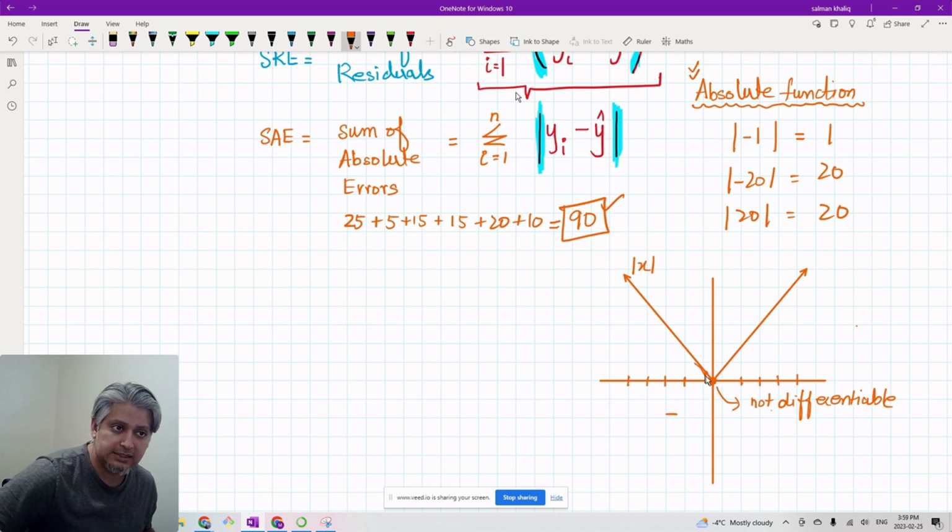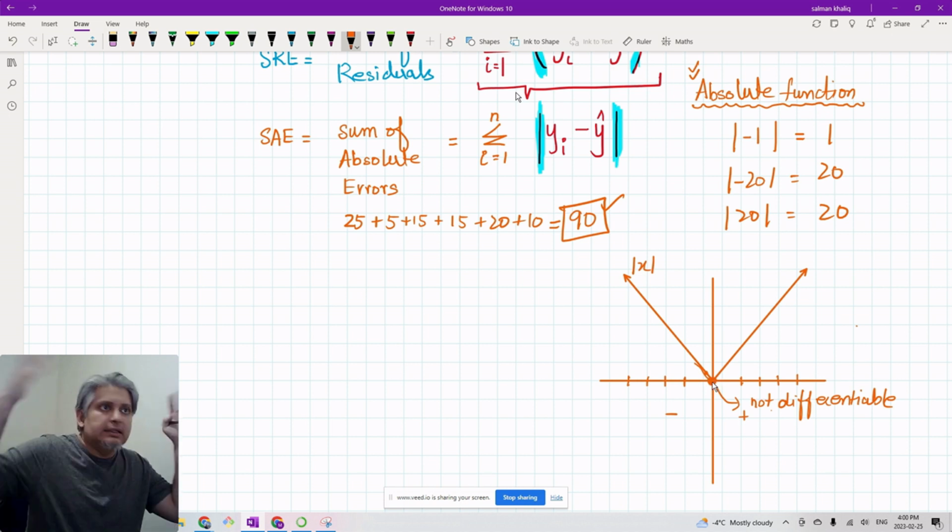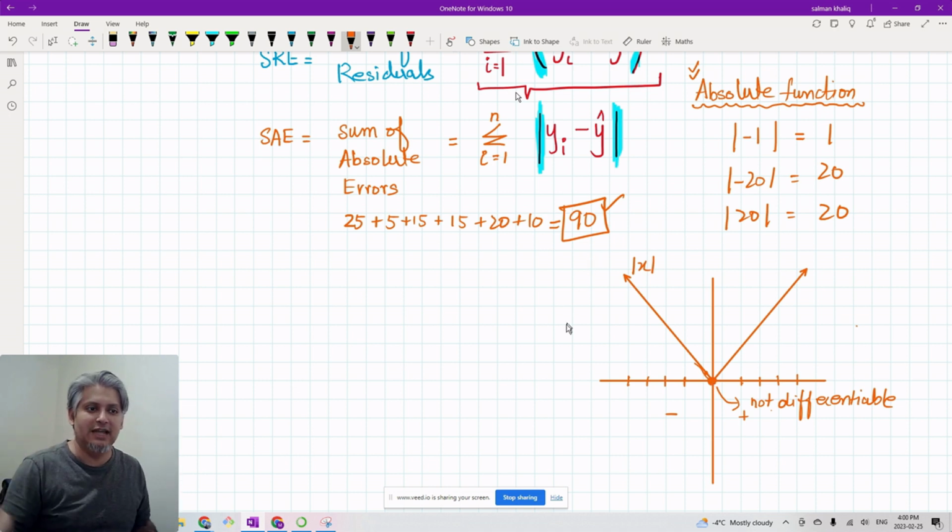Suddenly this slope changes from negative to positive without coming to zero. That makes this function not differentiable at this point, because this is the point where the differentiation goes crazy. Differentiation is not possible. That means the slope on the left and right hand side are not matching. That's why it is not differentiable.